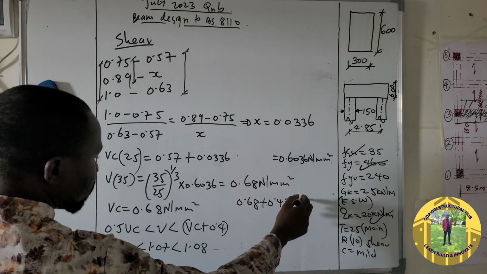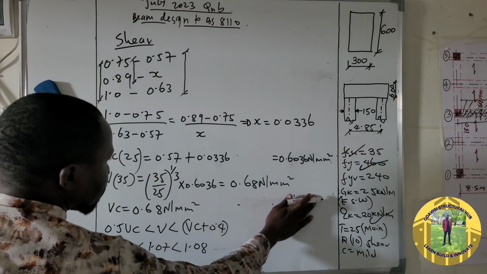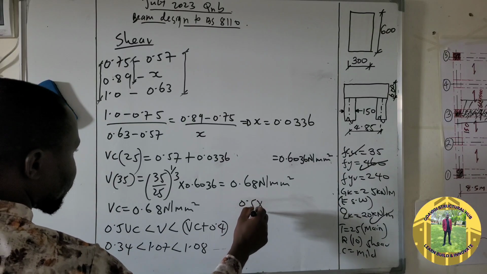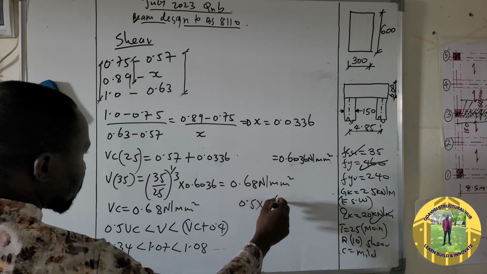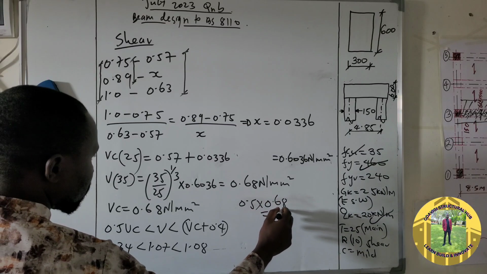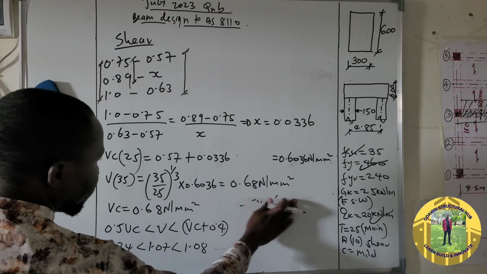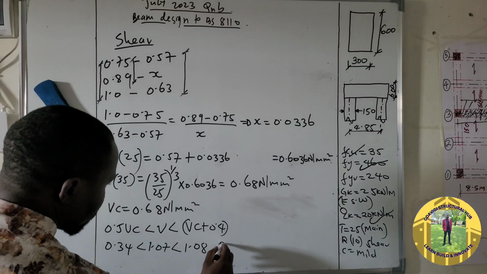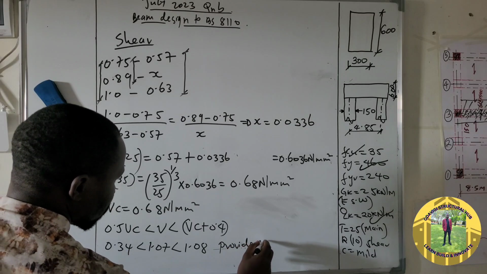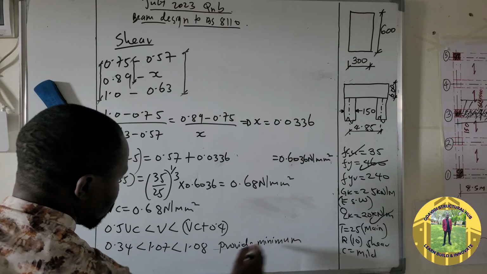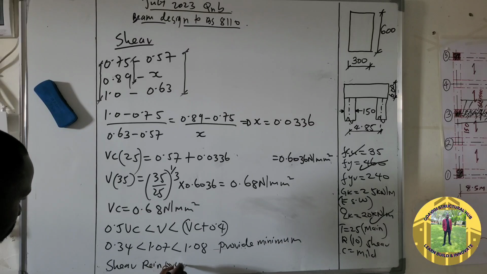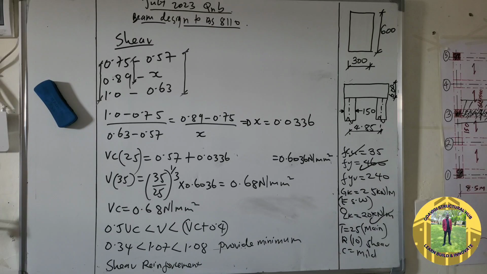This one is equal to 1.08. And 0.5 times Vc, which is 0.68, you will get 0.34. Therefore, provide minimum shear reinforcement in the entire beam.